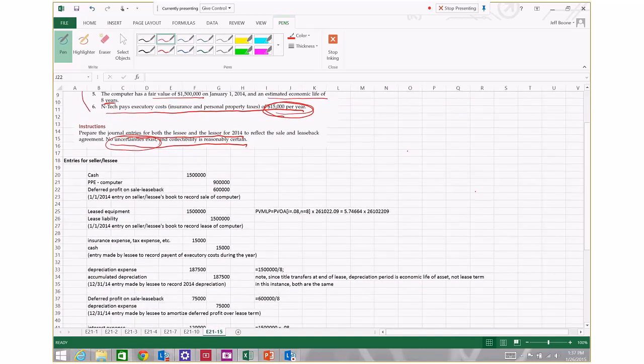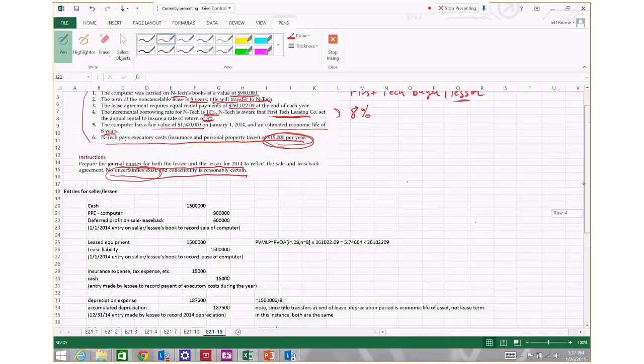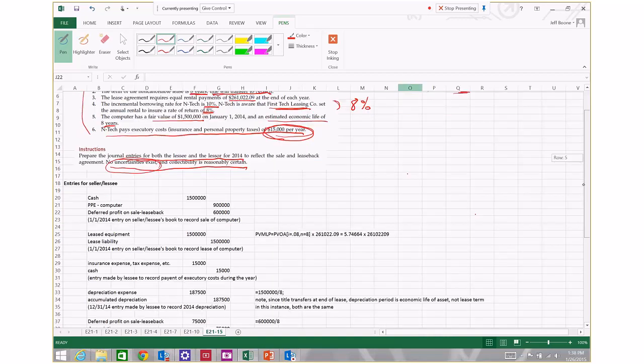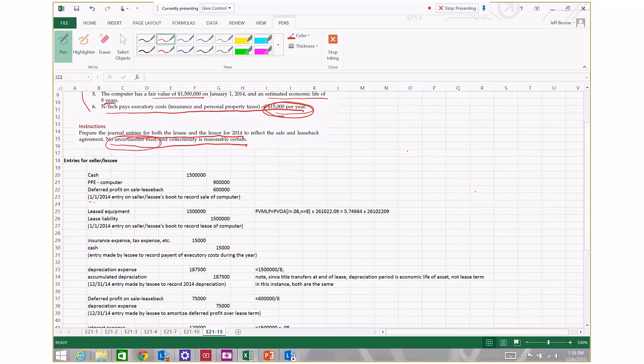Okay. So first, let's take a look at the entry by the seller/lessee. The seller/lessee is Intech. So let's take a look at the entries in their accounting records. On the day they enter into the lease agreement, 1/1/2014, the first thing that they have to do is book the sale of the computer. Now remember, they sold the computer for cash of $1.5 million.